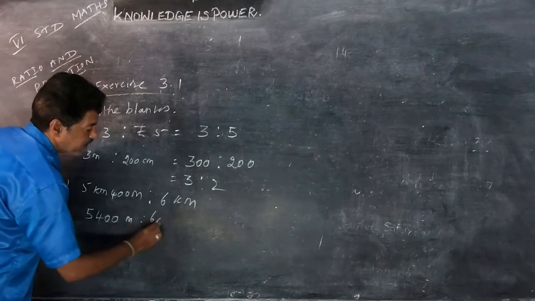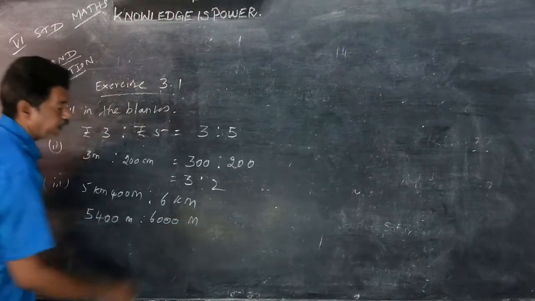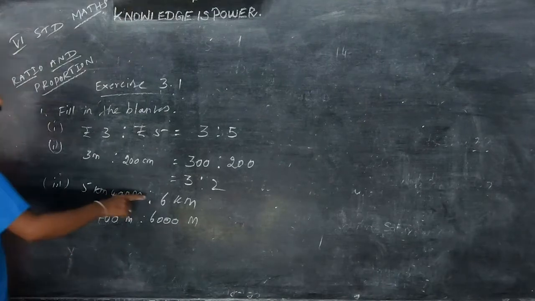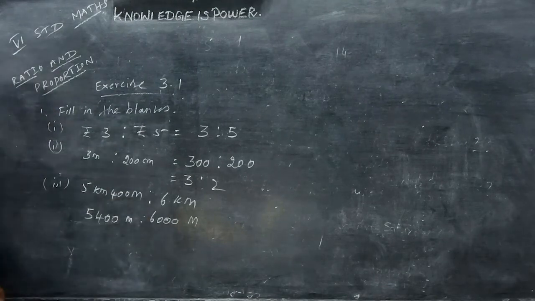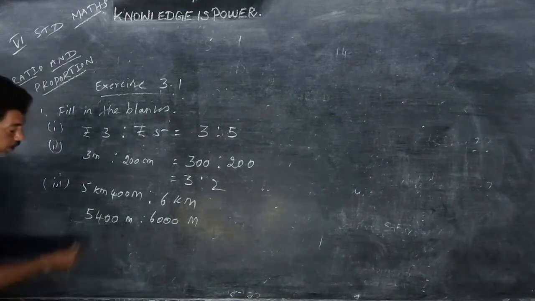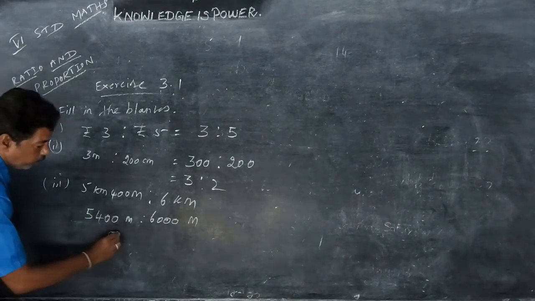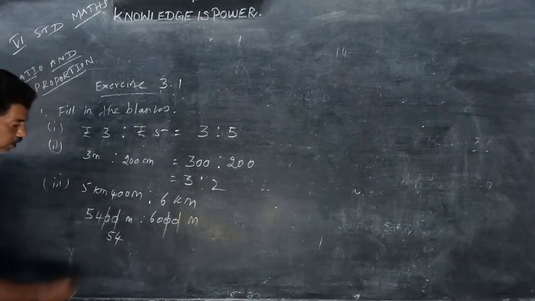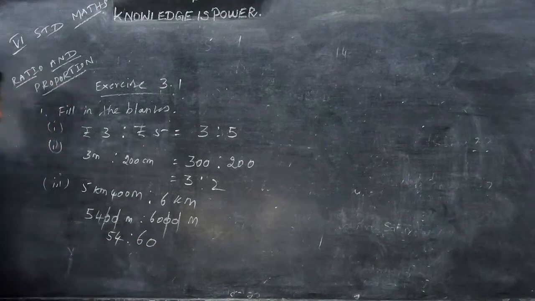Here it will be 6000 meter because 1 kilometer equal to 1000 meter. அப்போ 6 கிலோமீட்டர் 6000. So that's the way we have to convert. Now cancel that 0, so what will we get? ரெண்டு 0 cancel ஆயிடும். 54 is to 60.